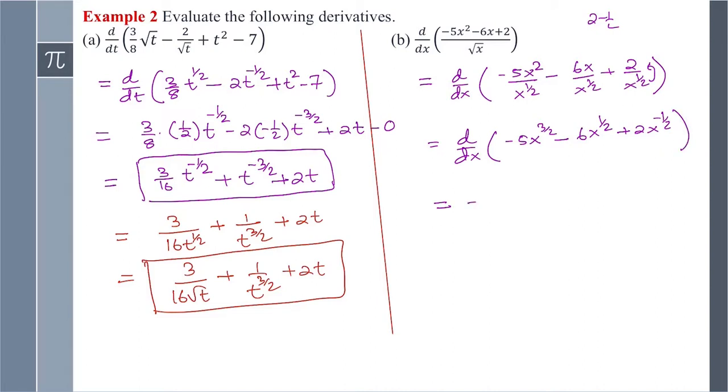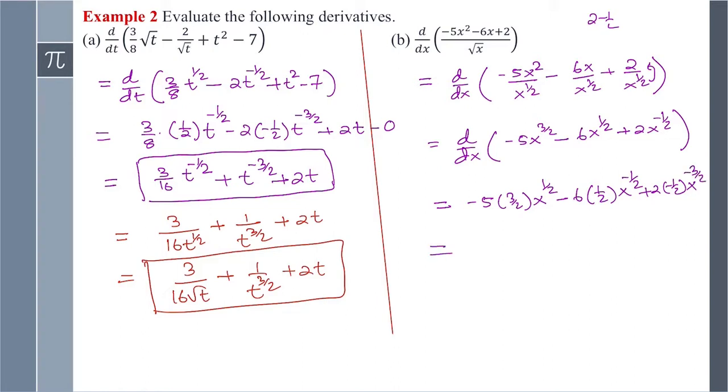So we have negative 5 times, we bring that exponent down, so 3 half x to the 3 half minus 1, which is 1 half, minus 6 times 1 half x to the negative 1 half plus 2 times negative 1 half x to the, so negative 1 half minus 1 is negative 3 half.